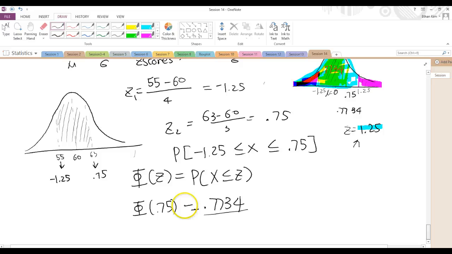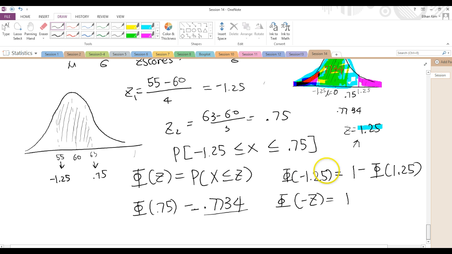And since we're looking for phi of negative 1.25, we essentially have it as 1 minus phi of 1.25, right? So in general, phi of negative z equals 1 minus phi of z.